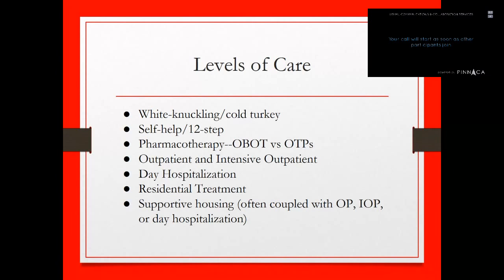Day hospitalization is at least 20 hours a week, and residential treatment or inpatient treatment is full-time. Sometimes supportive housing or halfway housing can be coupled with some of the outpatient modalities, so that some organizations are offering housing contingent on people participating in the required level of care, usually intensive outpatient treatment.